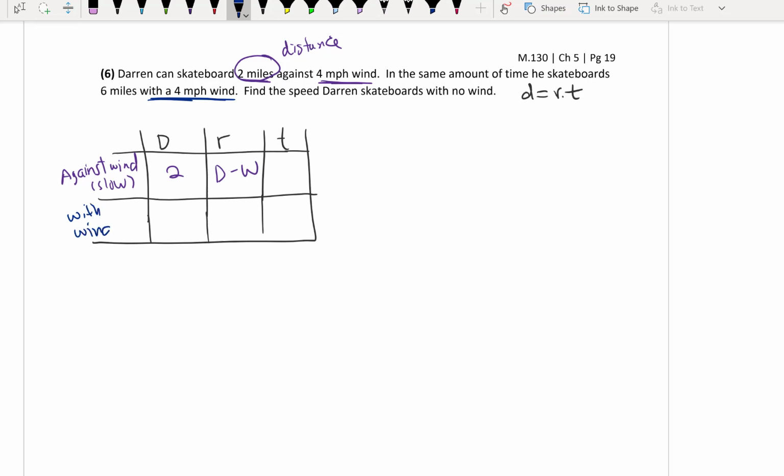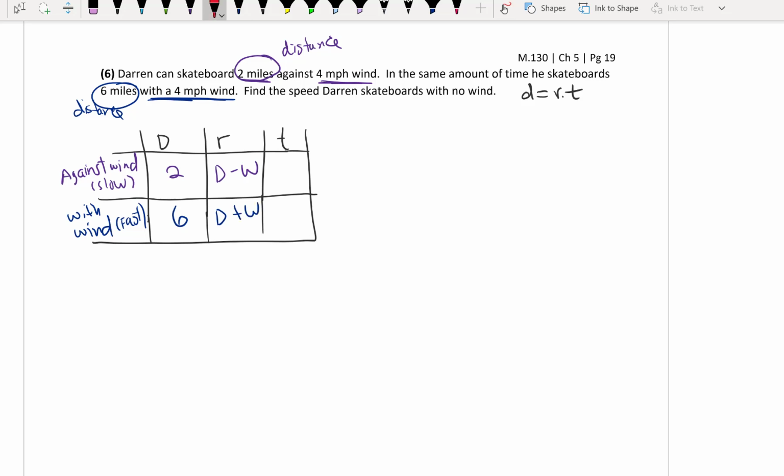So if you're going with the wind, you're going to be going fast. So you can go 6 miles, which is your distance. And so here I'm going to have Darren plus my wind.